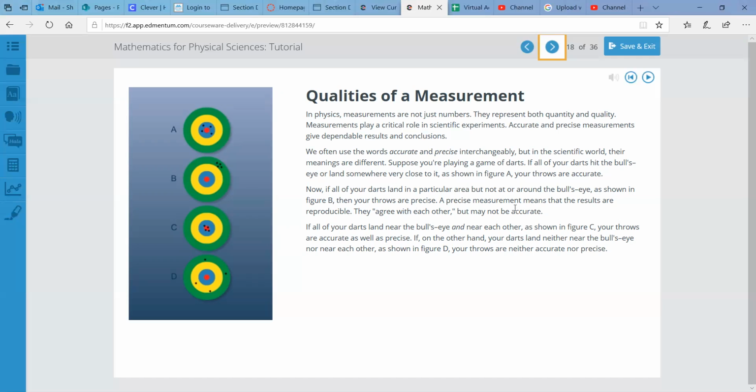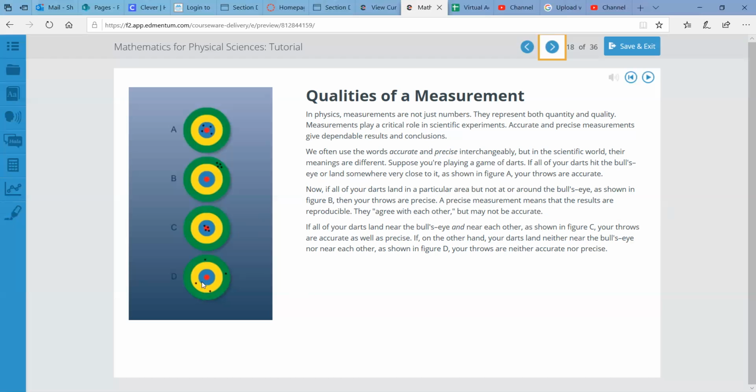So precise means the results are reproducible. You're getting the same or very close to the same thing every time. If all of your darts land near the bullseye and near each other, they're accurate and precise. It's accurate and you're reproducing very similar results.